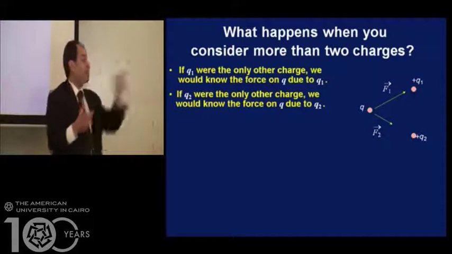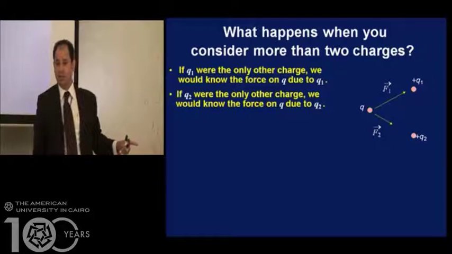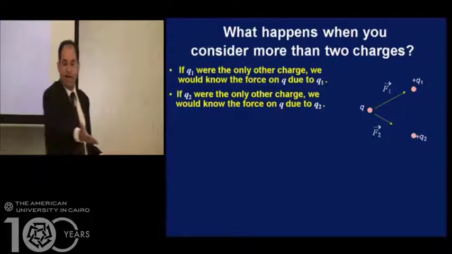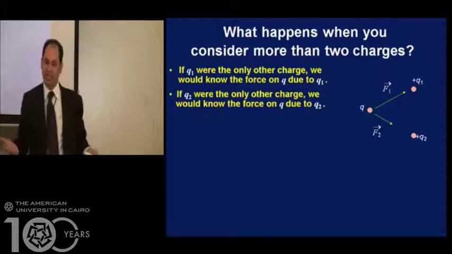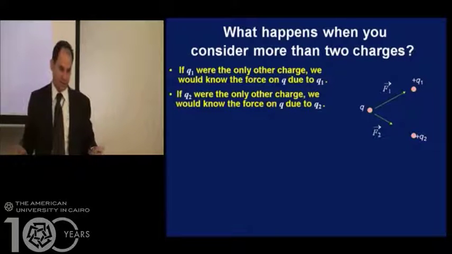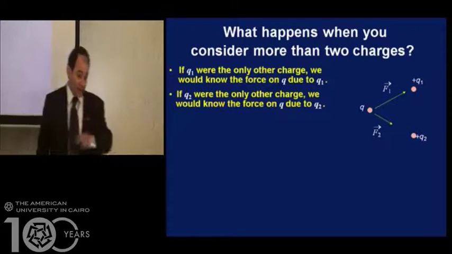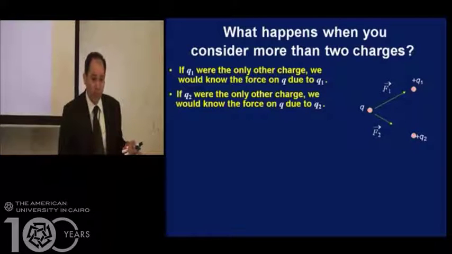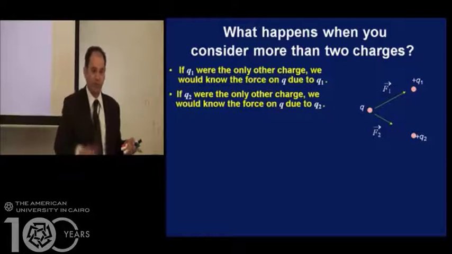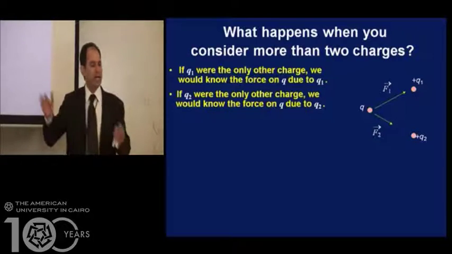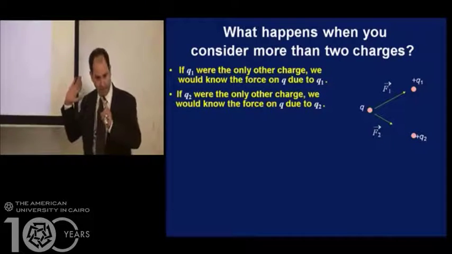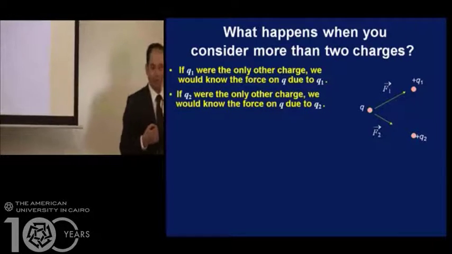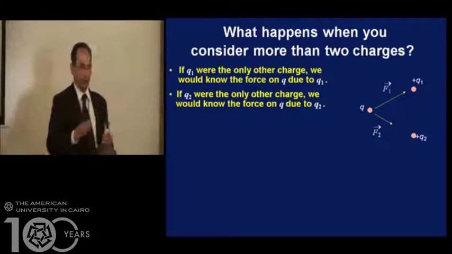Then we add them as vectors. If we have an infinite number of charges, then we go to what we call a continuous distribution of charges. Then we'll do integration. It's not that hard. It's easy, but it needs a little bit of mathematical tools, and I'll teach you how to do that.